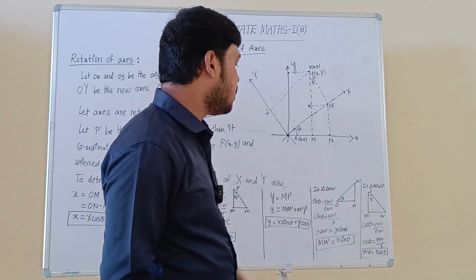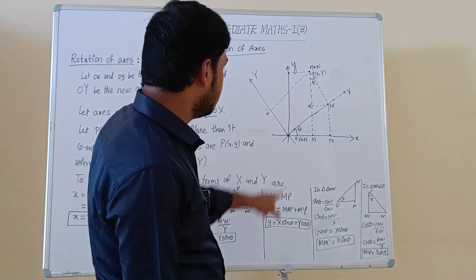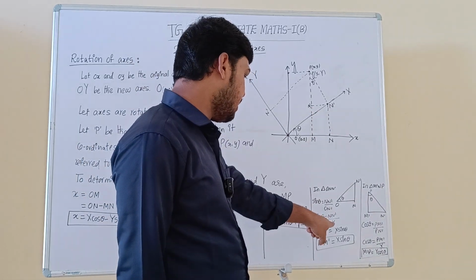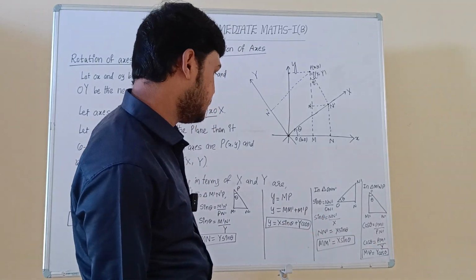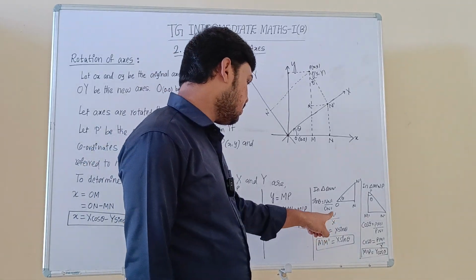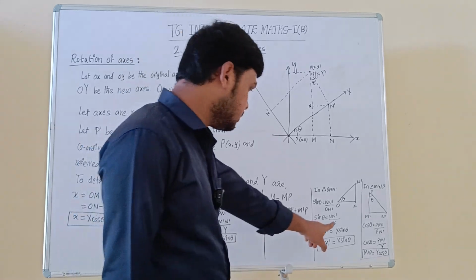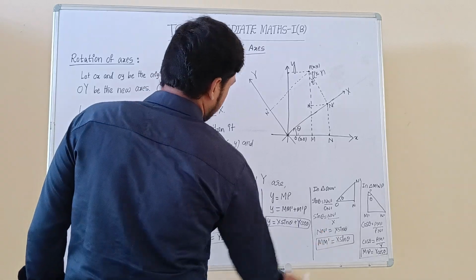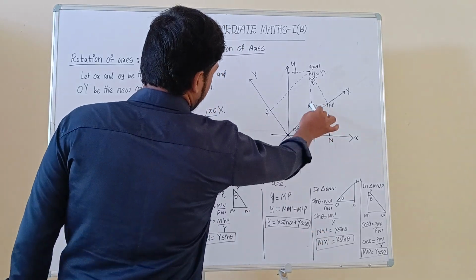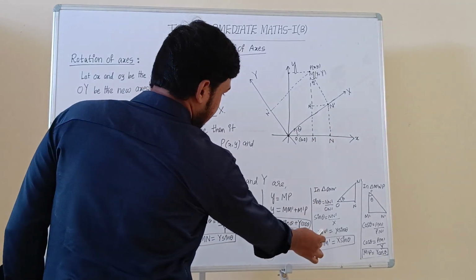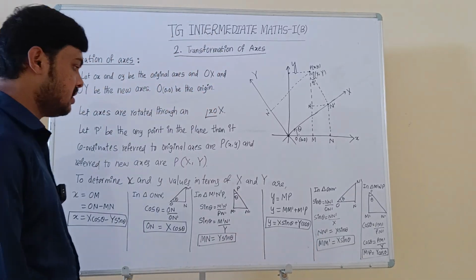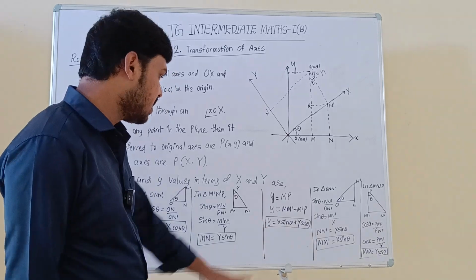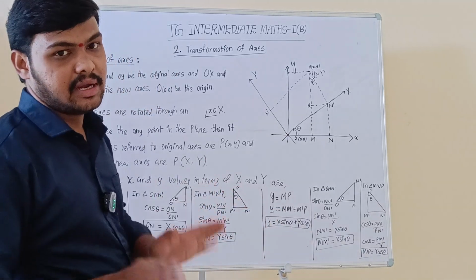O N dash is capital X, so N dash is capital X into sin theta. Both are parallel, so M dash is equal to N dash. So the value is capital X sin theta plus, and now I am finding M dash P.